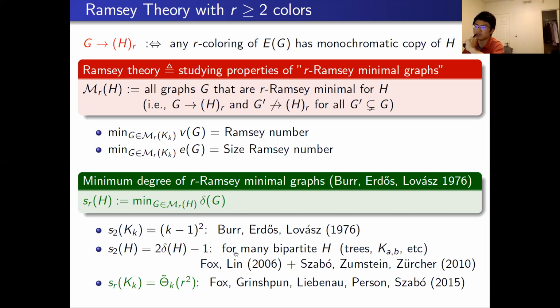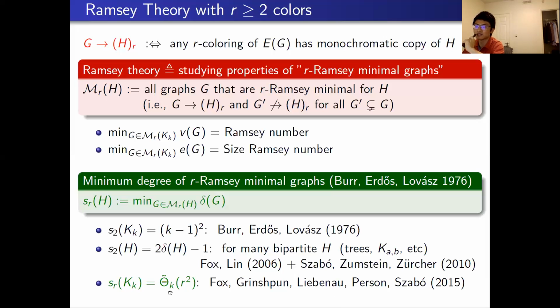Later on, Fox, Lin, and Szabó, Zhao, and Zürcher determined s_2(H) for many bipartite graphs H. The study of the r-color version was initiated by Fox, Grinshpun, Liebenau, Person, and Szabó. They determined s_r(K_k) up to some logarithmic factors.